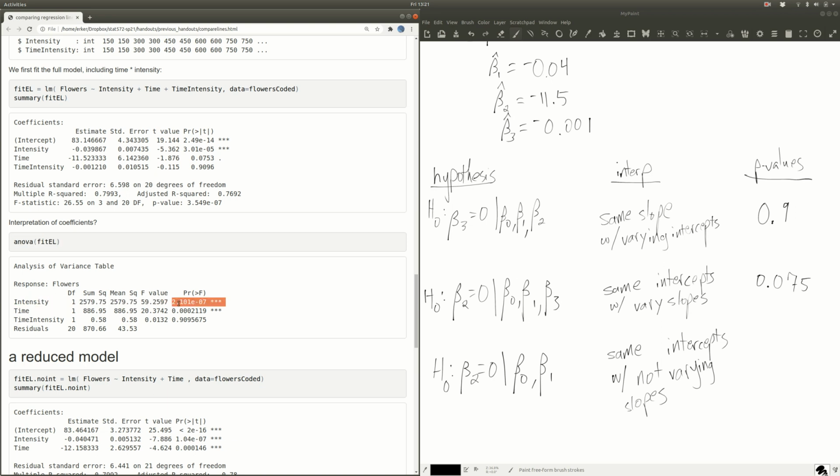So this row in this Anova table corresponds to this hypothesis here, because the interaction time intensity, which corresponds to beta 3, comes after time. And the p-value here is super small, 0.0002. So it seems like there is very strong evidence to think that the intercepts are different, which conforms to what we saw when we plotted the data.